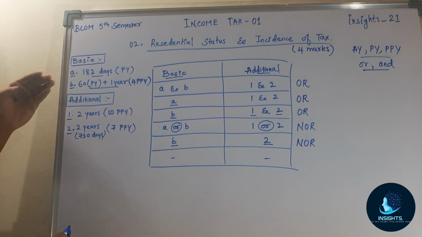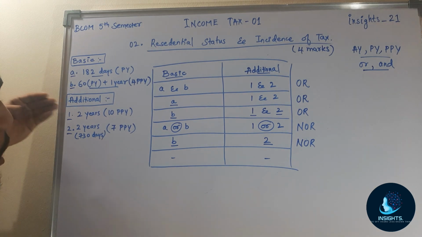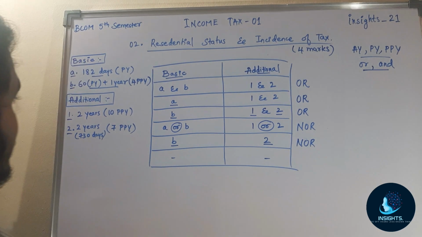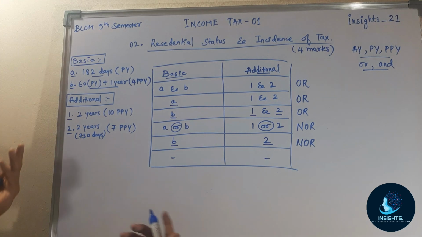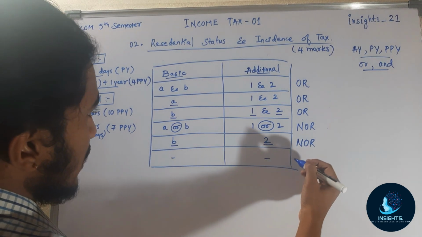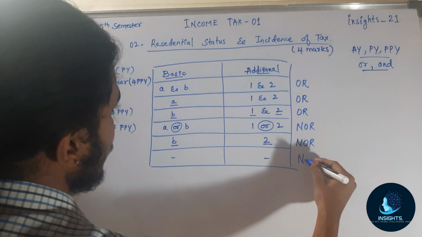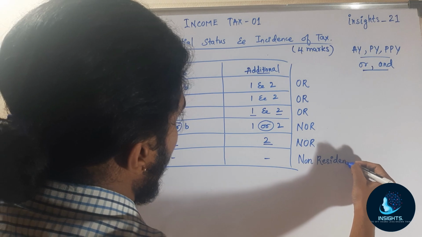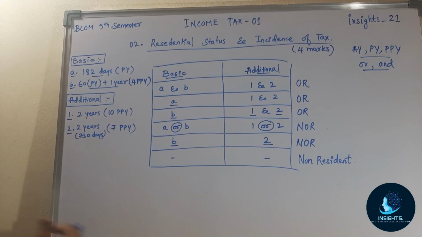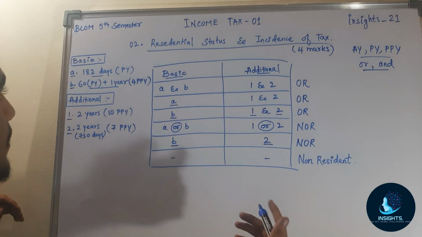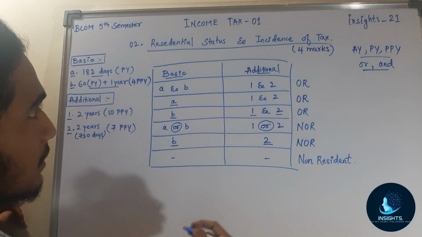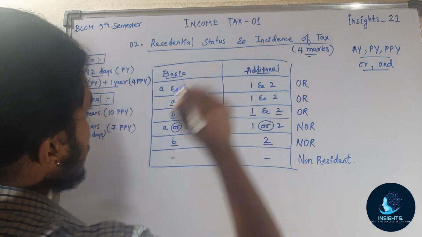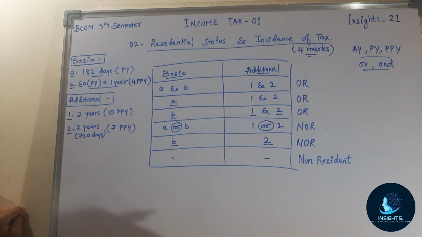If neither of the basic conditions nor the additional conditions are satisfied, to keep it very simple, he is a non-resident. So this is how I ended up summarizing this chapter, that is 4-mark questions, in a very simpler way. So this will help us to solve questions in a very easy manner.